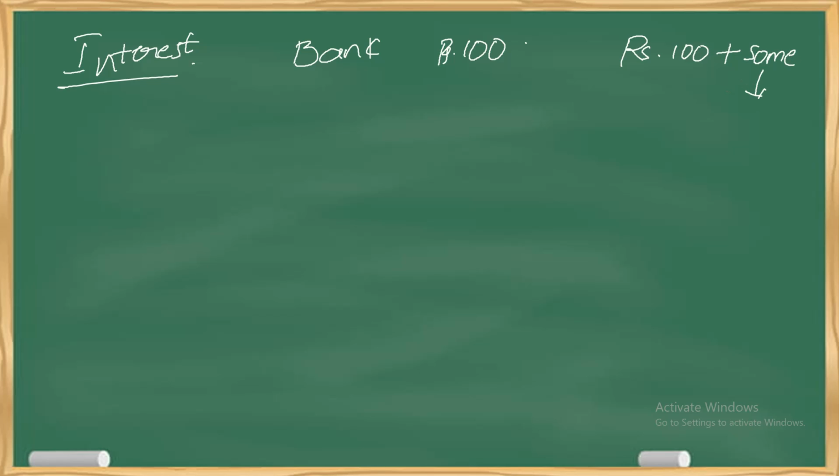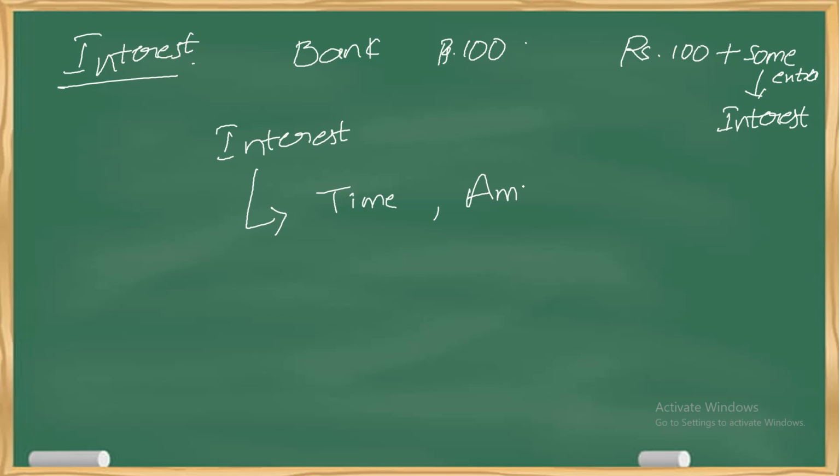That extra money is called interest. This interest is based on a lot of factors. What factors? The time you have taken the money for, the amount you have taken, and the rate of interest the bank has offered.